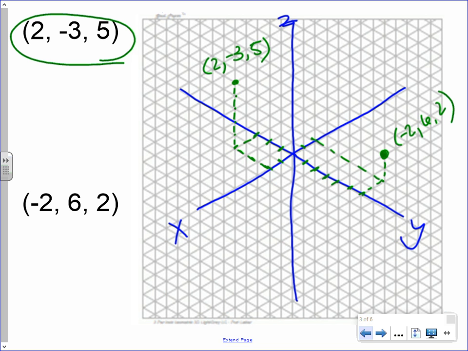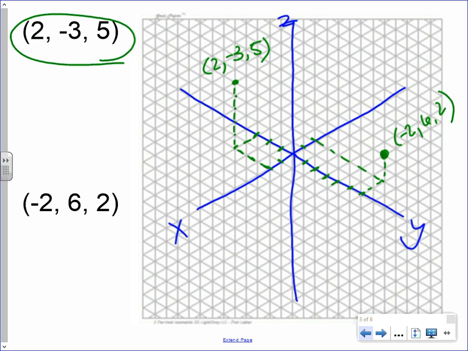Questions about plotting points? Okay. Last topic of discussion, yes, last topic of discussion, is the distance formula. If I wanted to know the distance between this point and this point, is it possible? Definitely possible. Who can tell me what the distance formula is if we're in 2 dimensions?